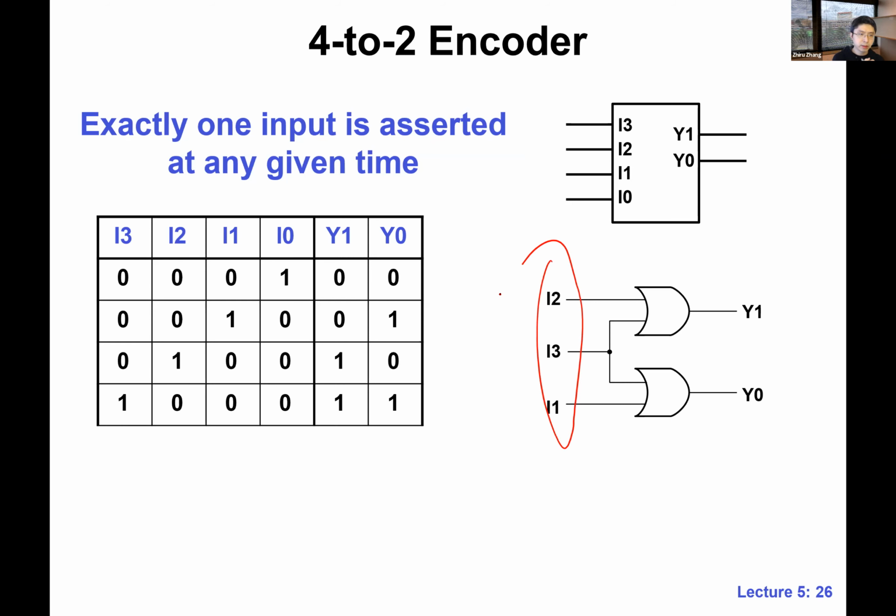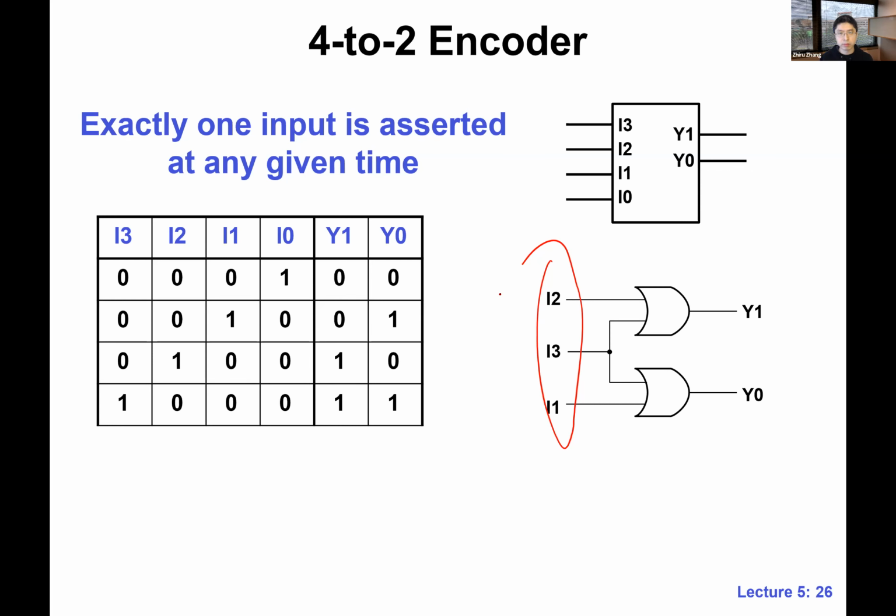Any ideas? We have 4 inputs, I0, I1, I2, I3. So when I0 is 1, it's a 0. I think many of you are close. Close enough. So this means actually there must be some optimization going on.